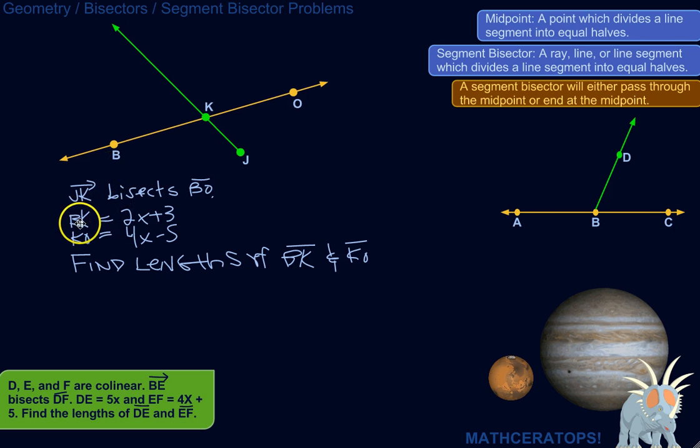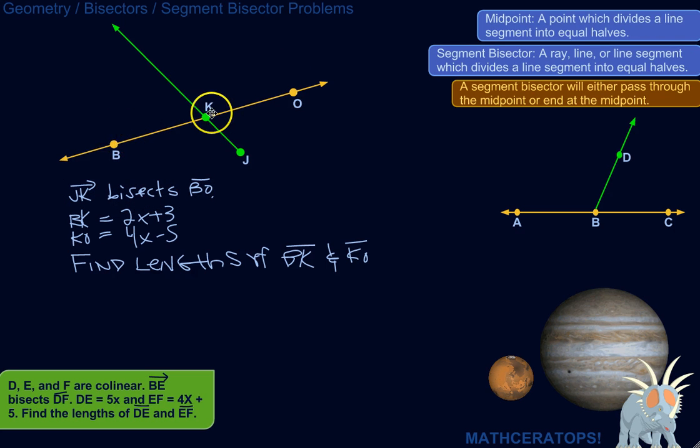Okay, so BK is equal to 2x plus 3 units long. KO is equal to 4x minus 5. Find the lengths of BK and KO. Well, here's the key here. JK bisects BO.